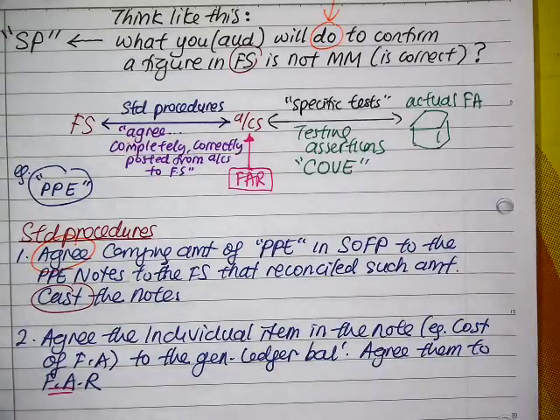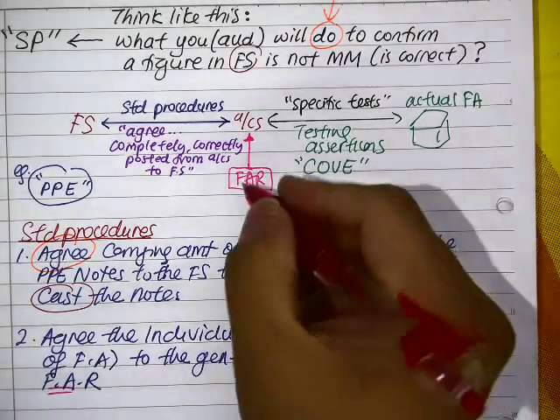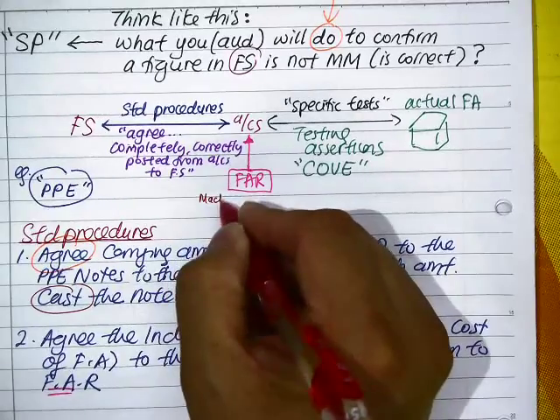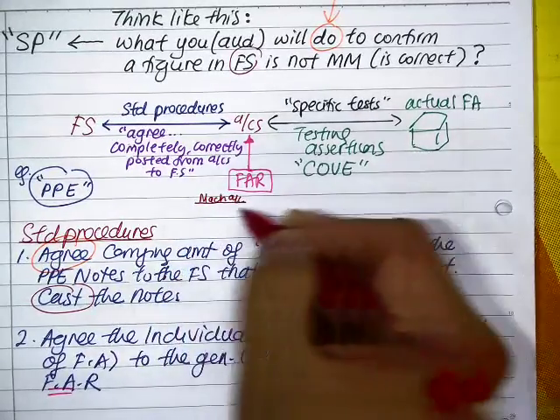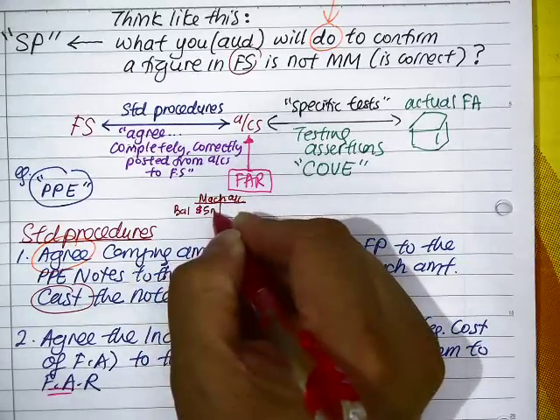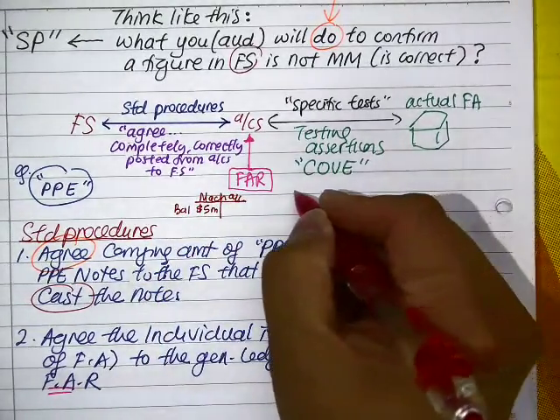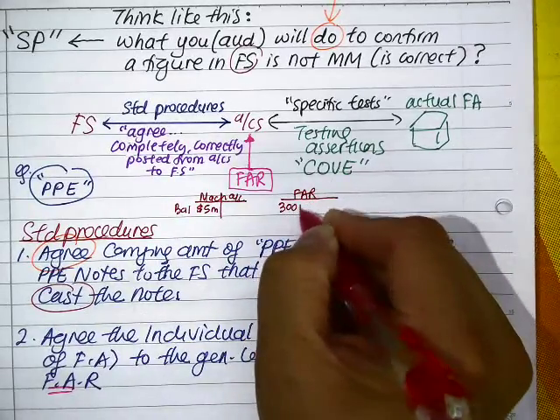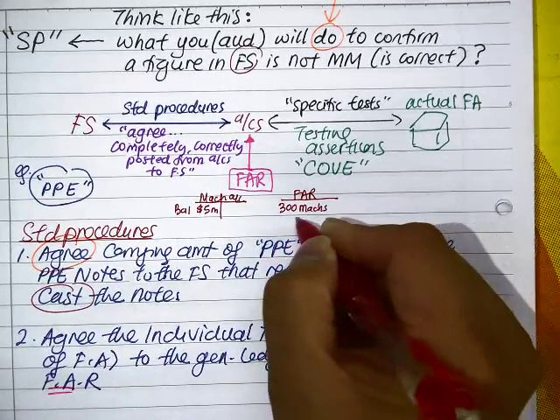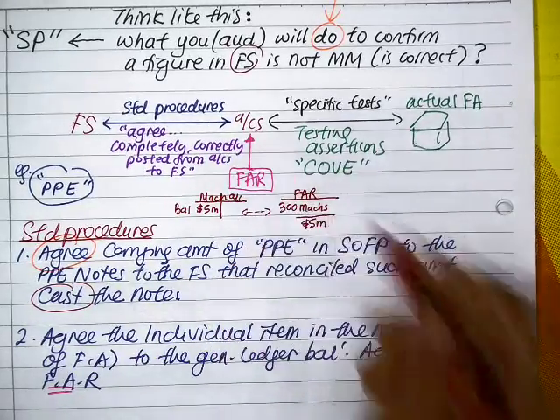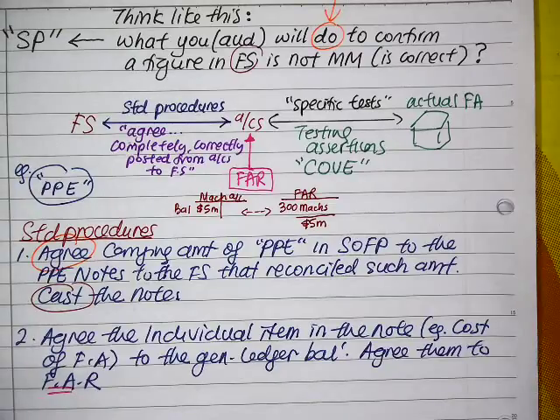Because right now, maybe you see in the account, for example, that there is a machine account, and I show you that there's a balance of 5 million. And now in the fixed asset register, there's a list of 300 machines that at the end the total is 5 million. Now we just agree the two of them.